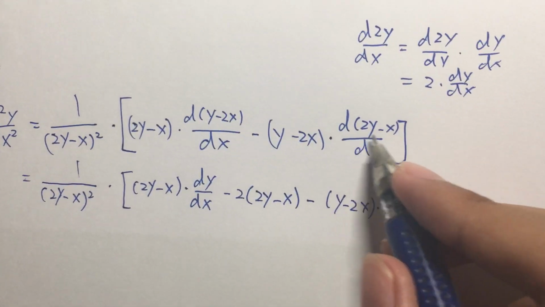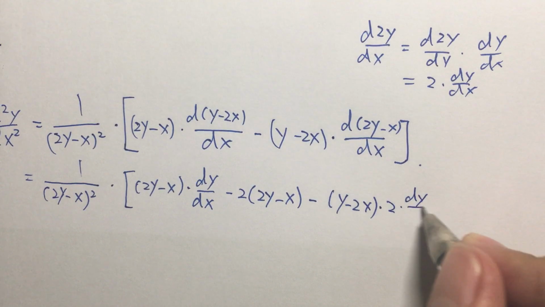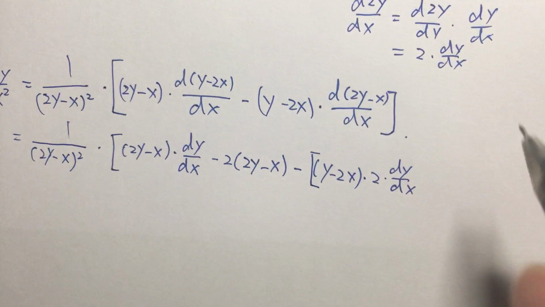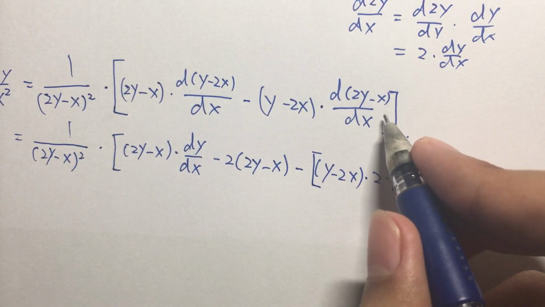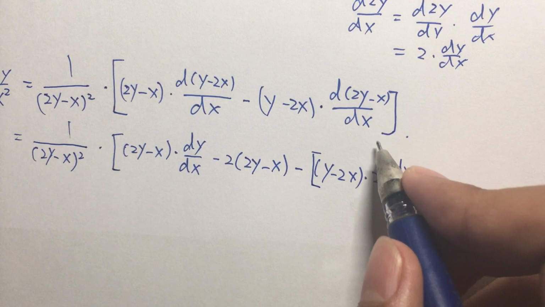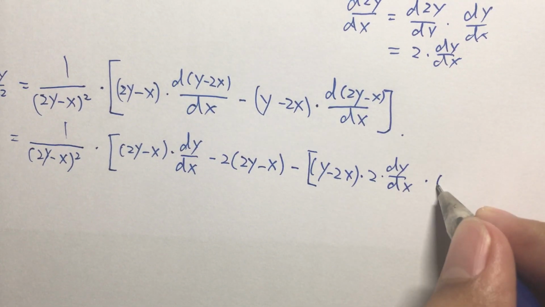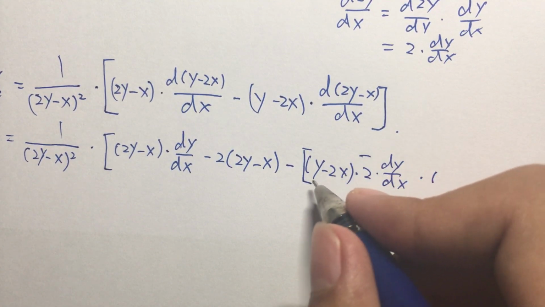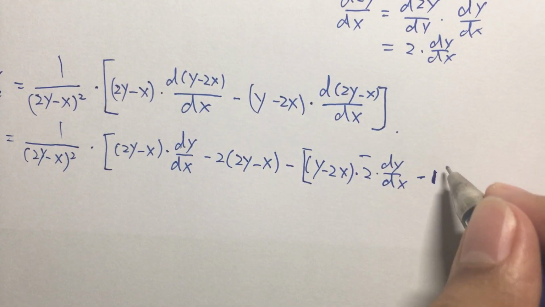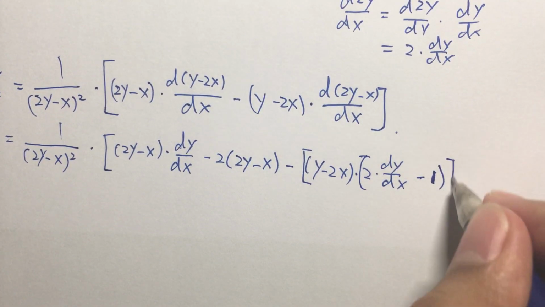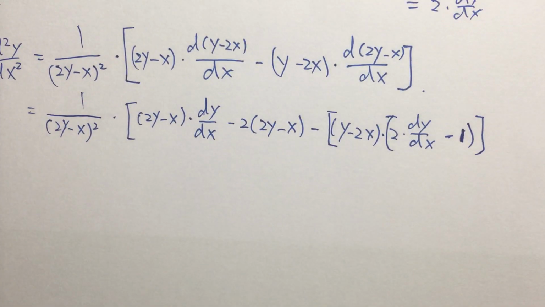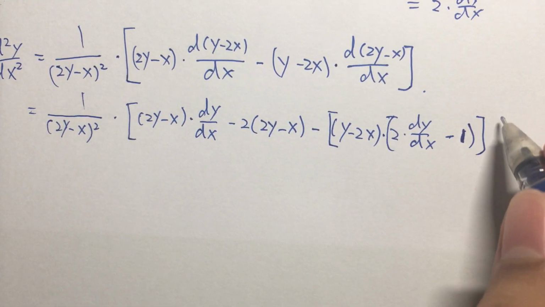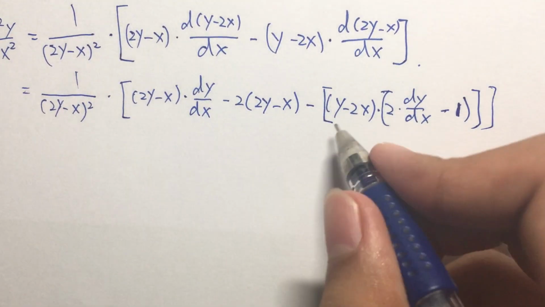And let's add another bracket here, and for negative dx over dx, we have negative 1. Now there are so many brackets here, so let's try to simplify this.